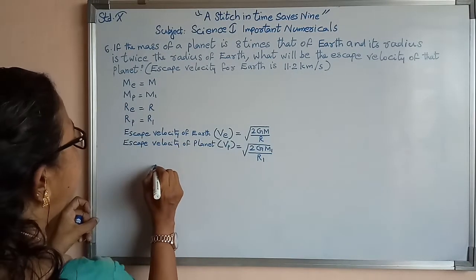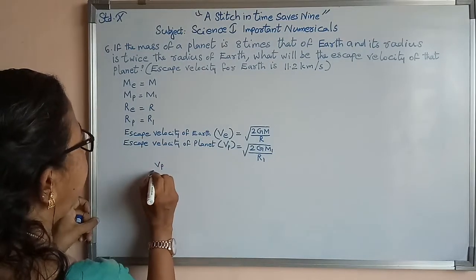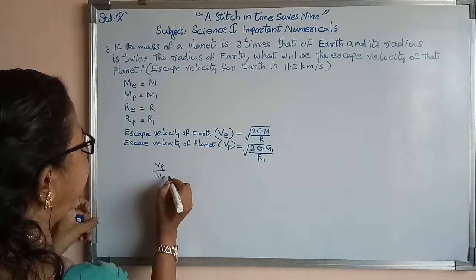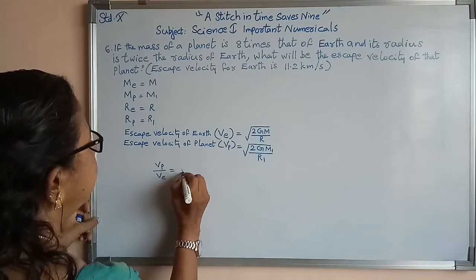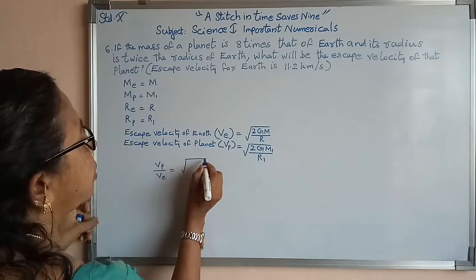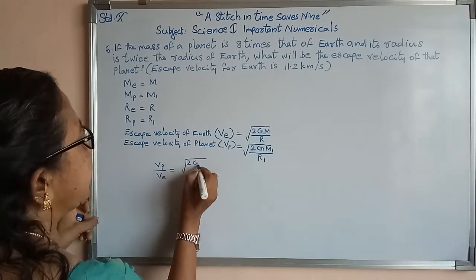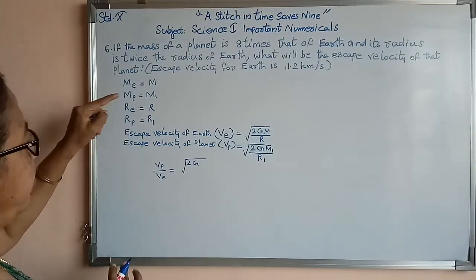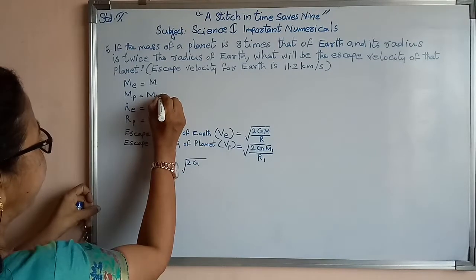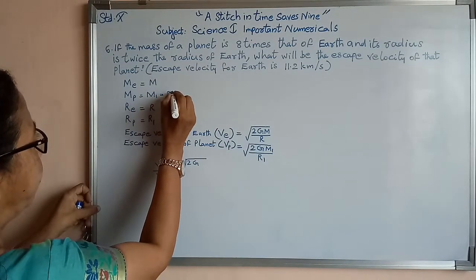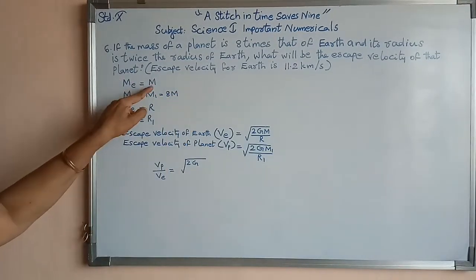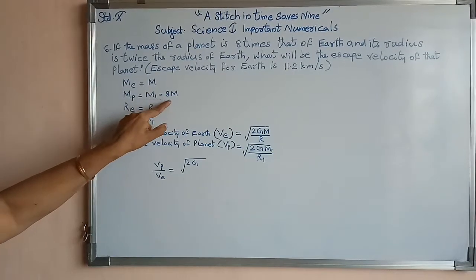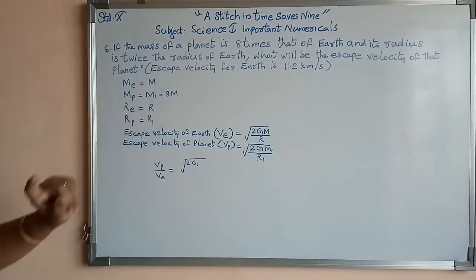Now here Vp upon Ve, that is equal to square root of 2G, then M1, its value I am writing. M1 means how much? 8 times of M. Mass of the Earth is M, it's 8 times more, that will be equal to M1.